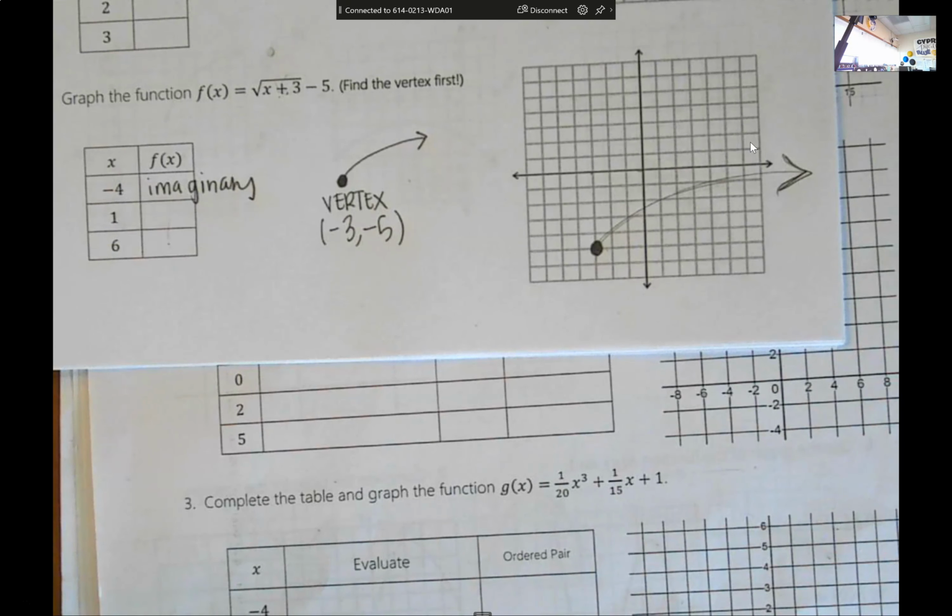Yes, that one. You need to be out of the graphing calculator.